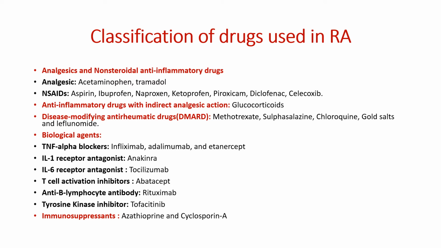Biological agents are developed using molecular biological techniques. Their use is reserved for patients resistant to DMARDs combination. And the last one is immunosuppressants, that is azathioprine and cyclosporine A.